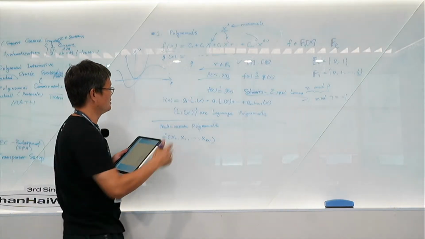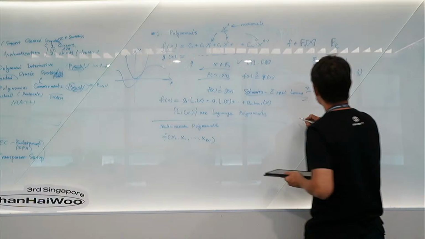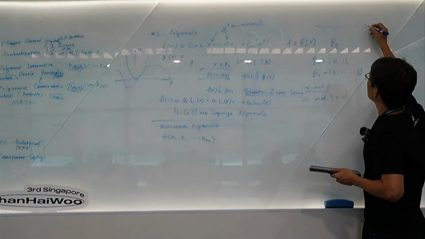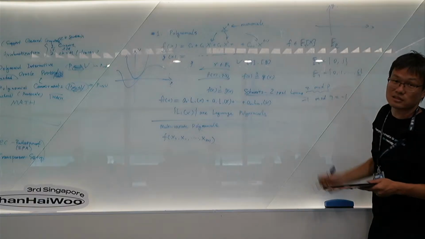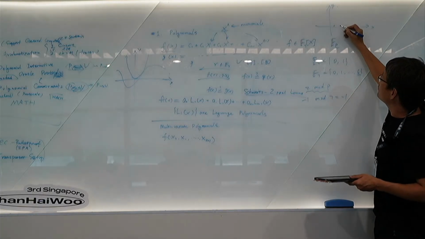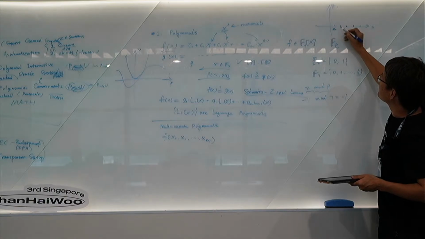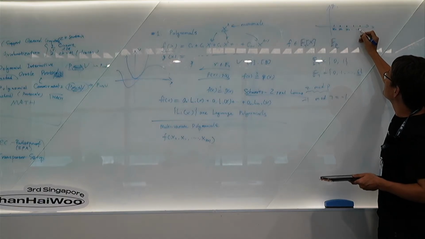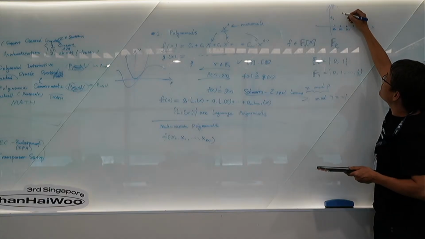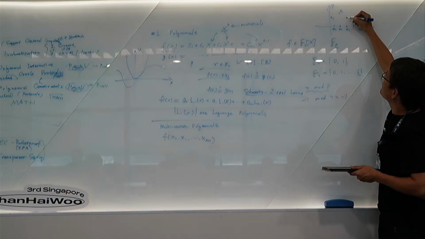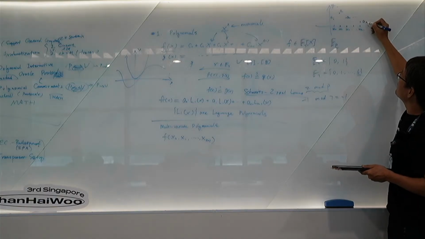Then for this encoding, actually we write it this way. I have an x, y coordinates plane. We choose a domain here as omega 0, omega 1, omega 2, up to omega n minus 1, and then put a0, a1, a2, up to a n minus 1 here.